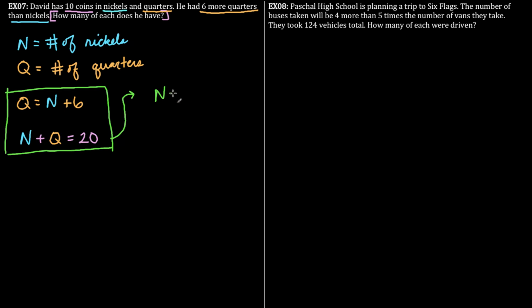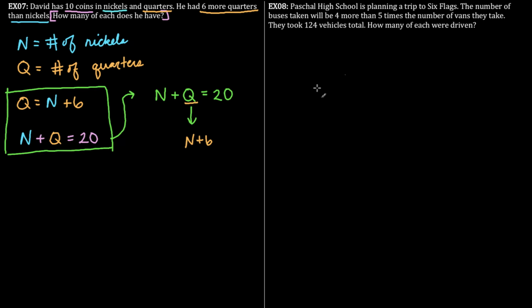And you see where it says Q is N plus 6? You're going to make Q N plus 6. Maybe I should make that orange. Q is N plus 6. Yeah, I'll leave it like that.